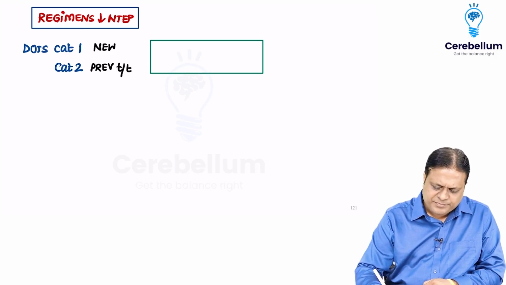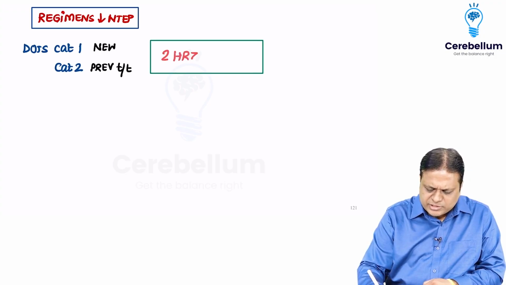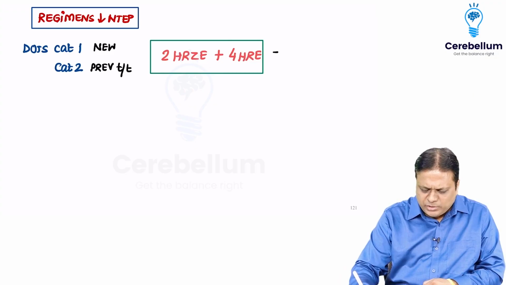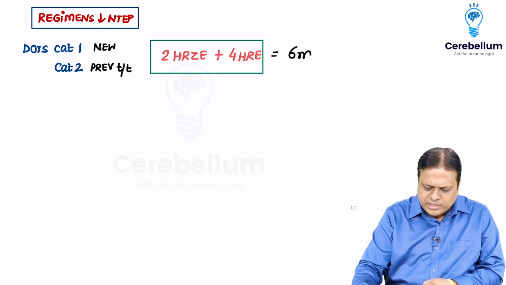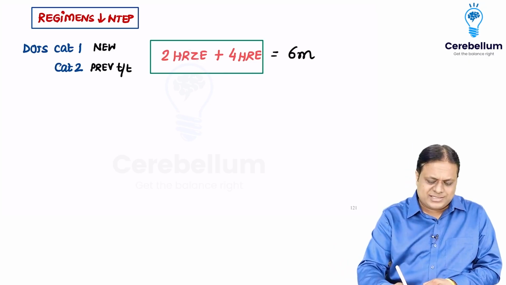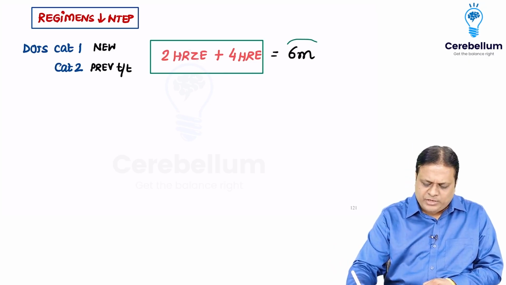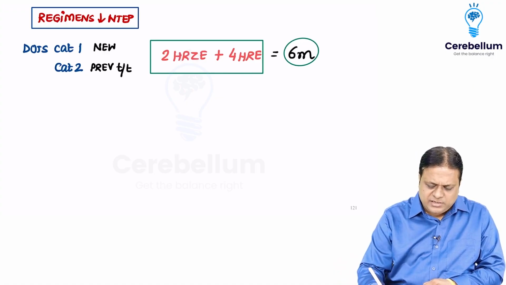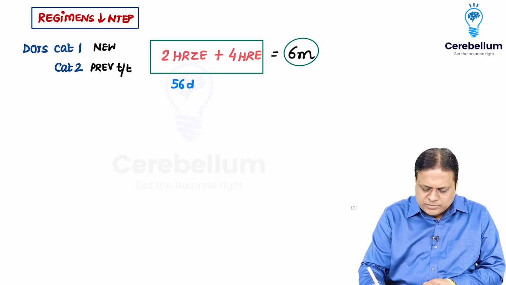And what is that regimen of treatment? That is 2 months of HRZE plus 4 months of HRE. Total duration of treatment in these patients is 6 months. Now when you look at total number of doses, here it is 56 doses.